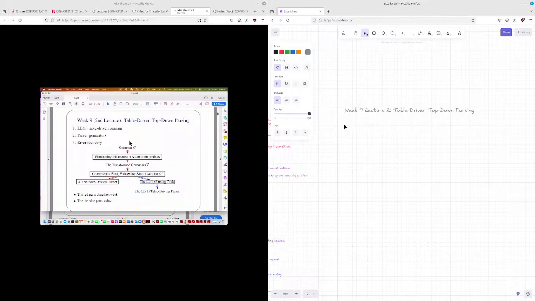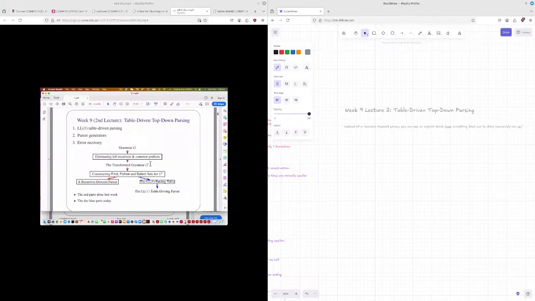Okay? So essentially the process we're going to follow to implement a table-driven top-down parser is pretty much the same all the way. We get the first, follow and select sets, then the parsing table, which is really just a trivial representation of select sets. And we use a table-driven driver to do the parsing.